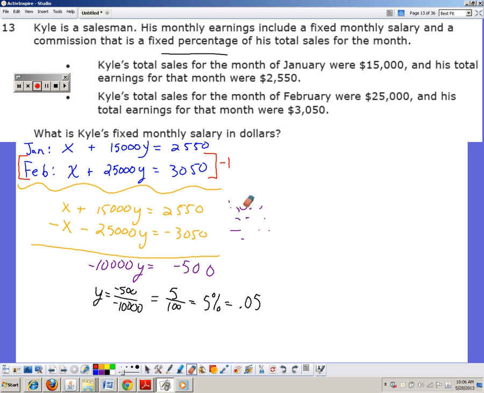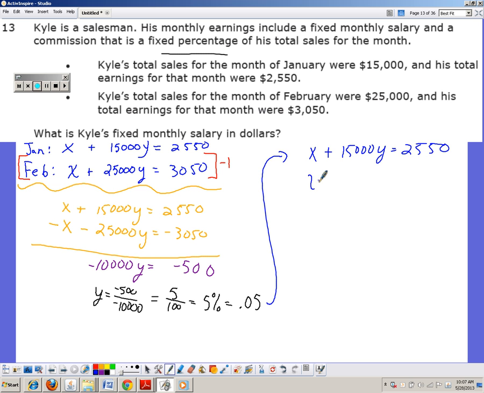So again, we're going to use that very first equation since it is the smaller of the two equations. And we're going to plug in. We got x plus 15,000 y equals 2,550. Okay, y we said was 0.05.